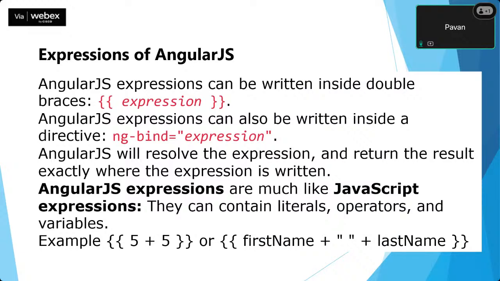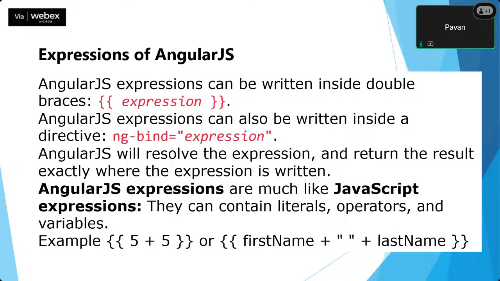So the first one is expressions of AngularJS. What we mean by expressions is it's basically a variable or any expression which is solved. For example, as we have mentioned here, 5 plus 5.